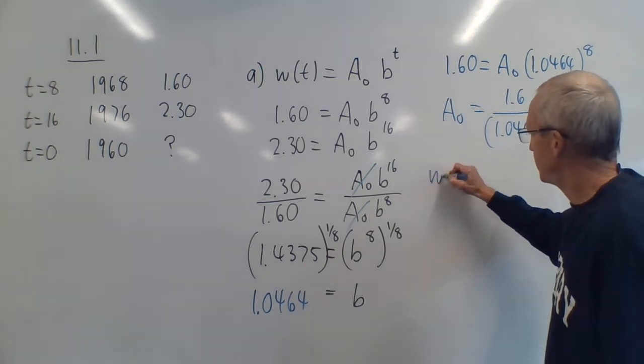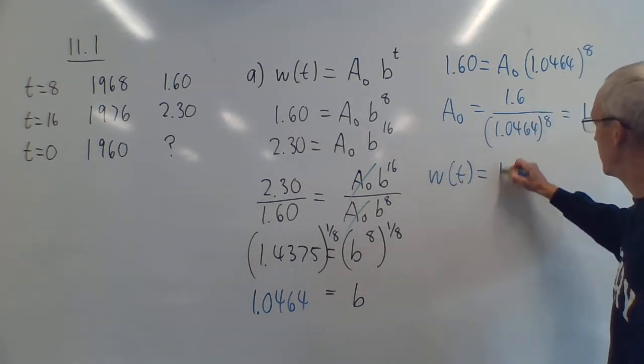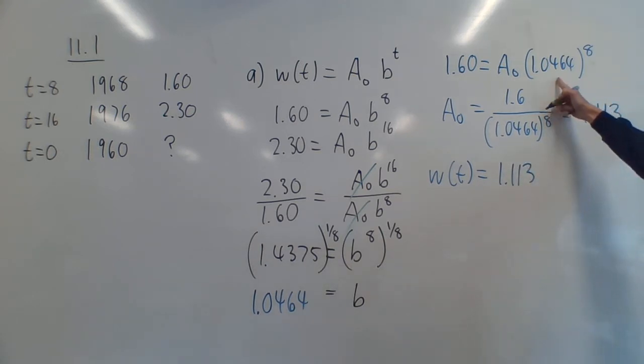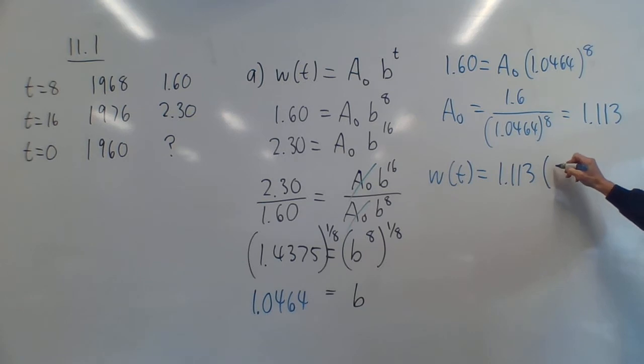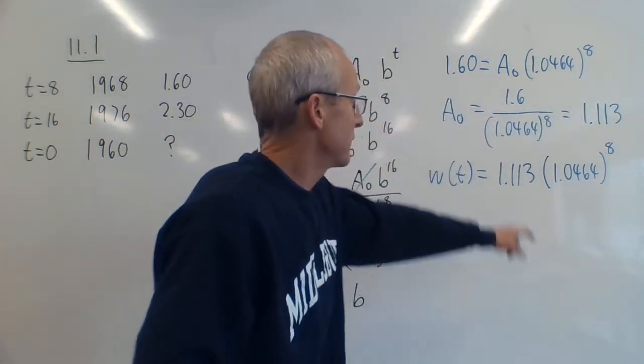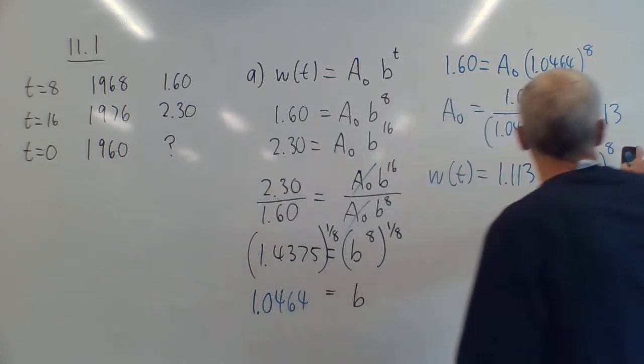Our wage as a function of time is A0, 1.113, times this number. I'm going to put it in parentheses, make it clear, 1.0464 to the 8th. That's our base. This is to the t power, for any time, not just the 8th.